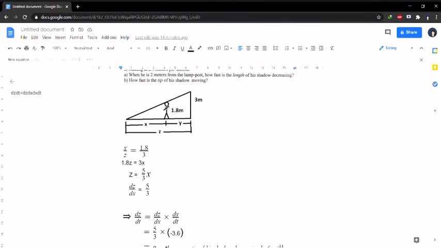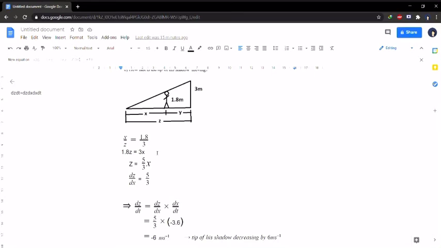So first we need to draw the diagram. X represents the length of his shadow, and Y represents the distance between Jim and the lamp post, and Z represents the distance between the tip of his shadow and the lamp post.